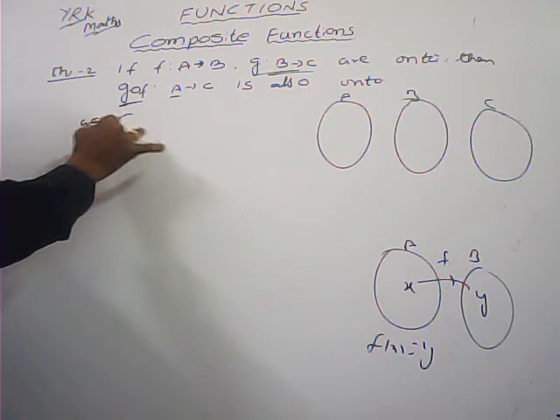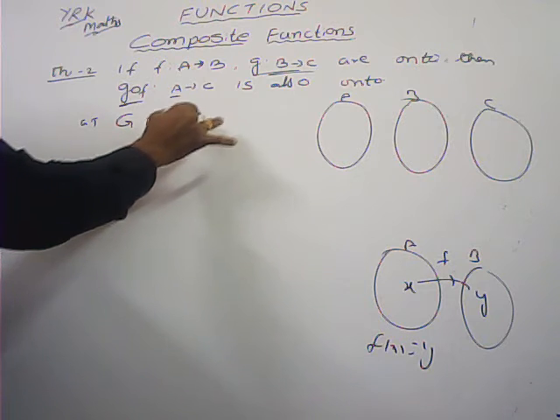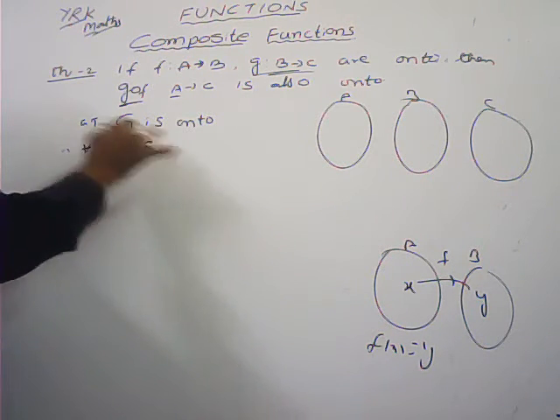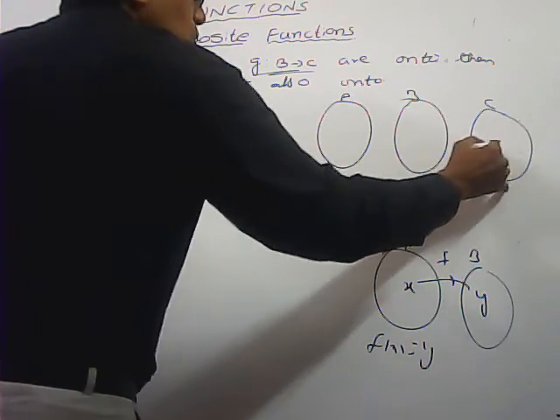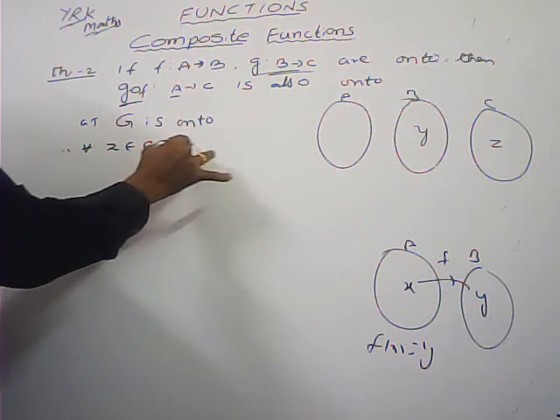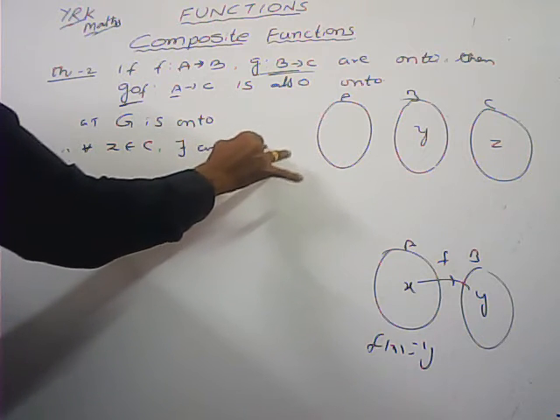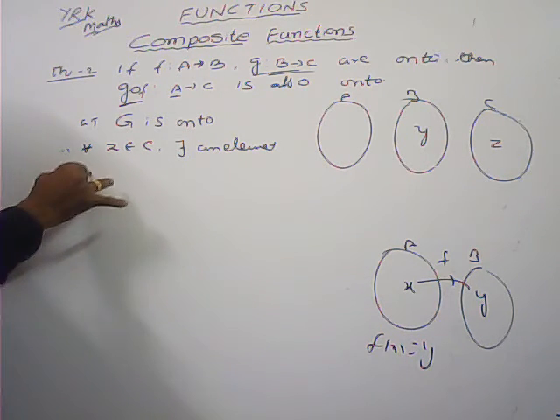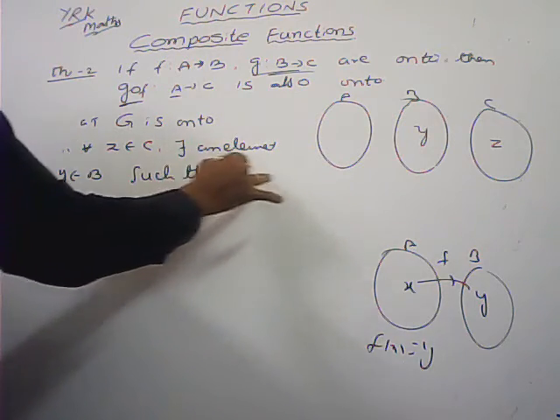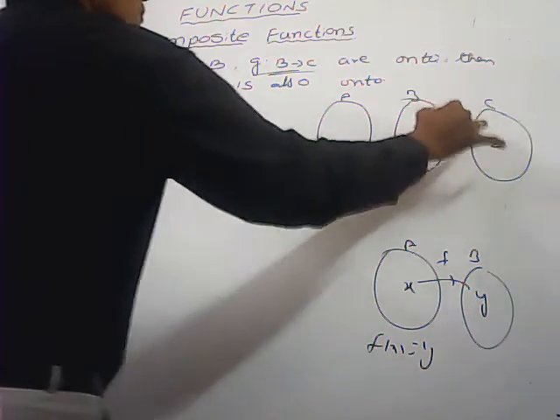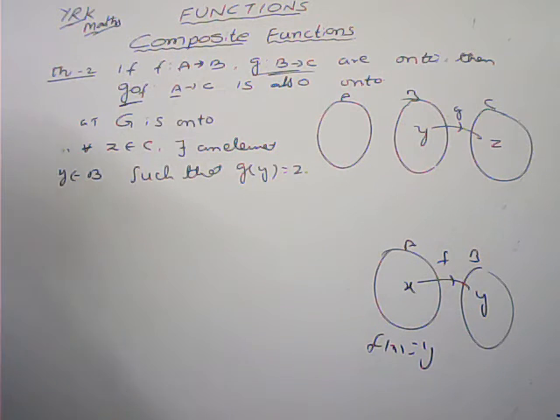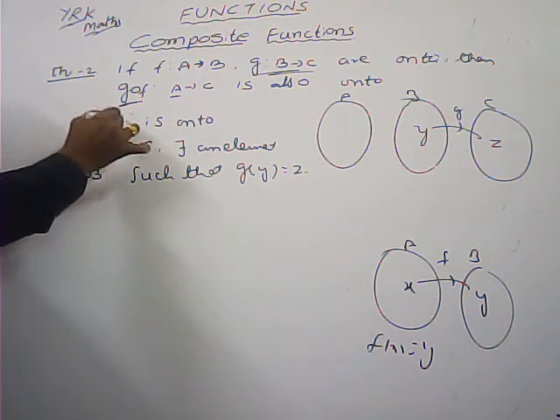Given that G is onto, therefore for every Z belongs to C, there exists an element Y belongs to B such that G of Y is equal to Z. This is the first point. Here you can write small g.